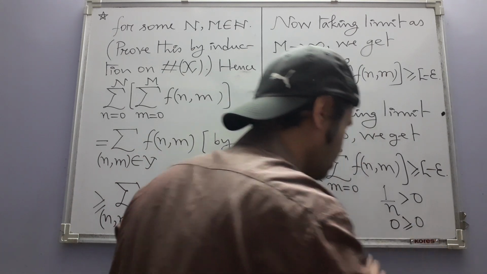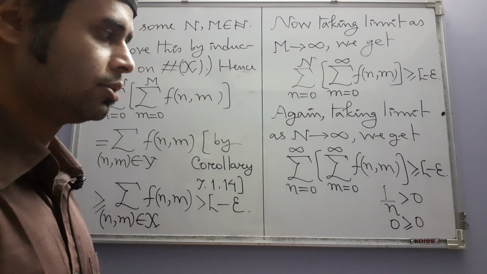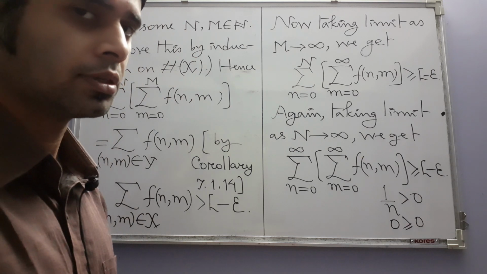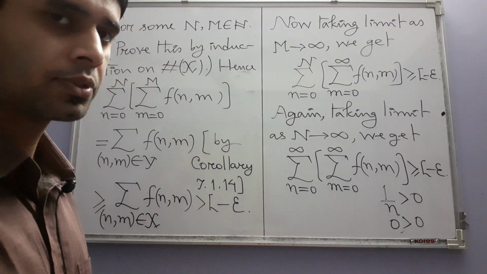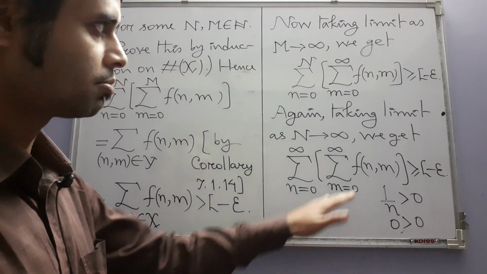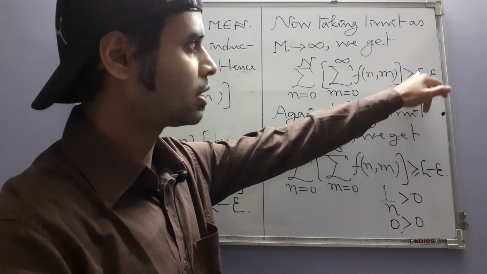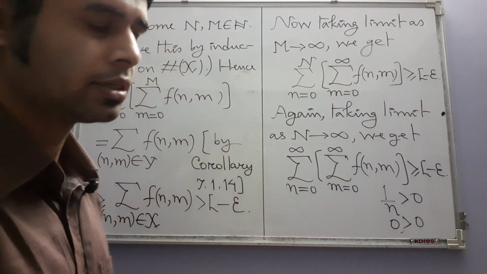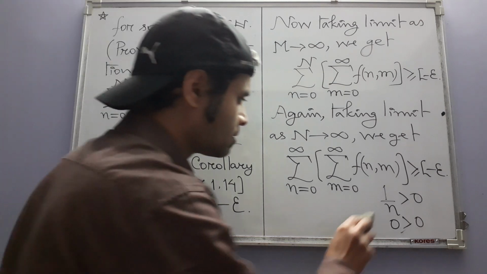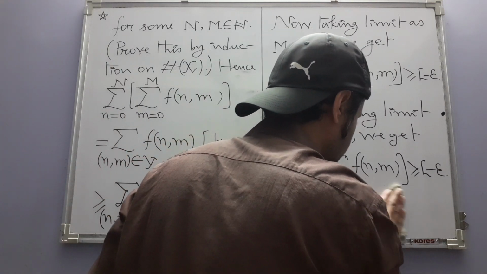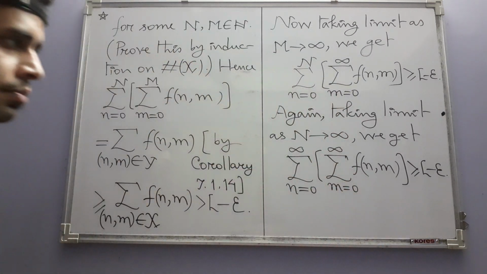So you have to write 0 greater than or equal to 0. You do not write 0 greater than 0. This is a true statement, but that is not a true statement. So to allow for such possibilities, at best what we can do is write ordinary inequality. It has nothing to do with what is going on, but still I wanted to draw your attention to that.